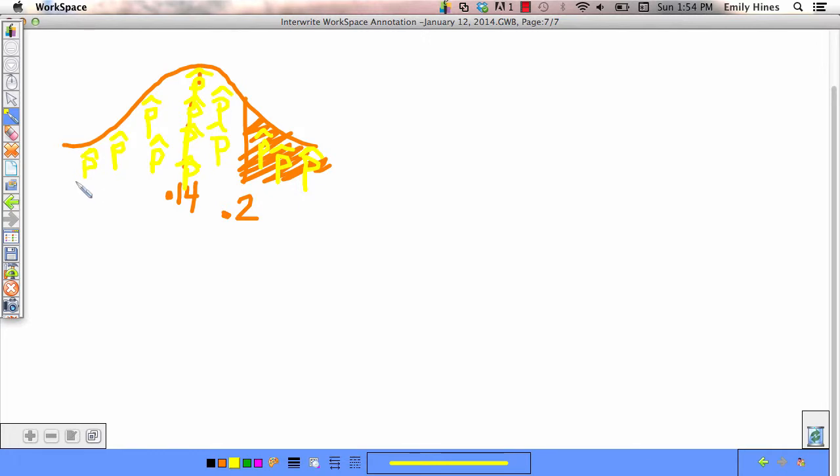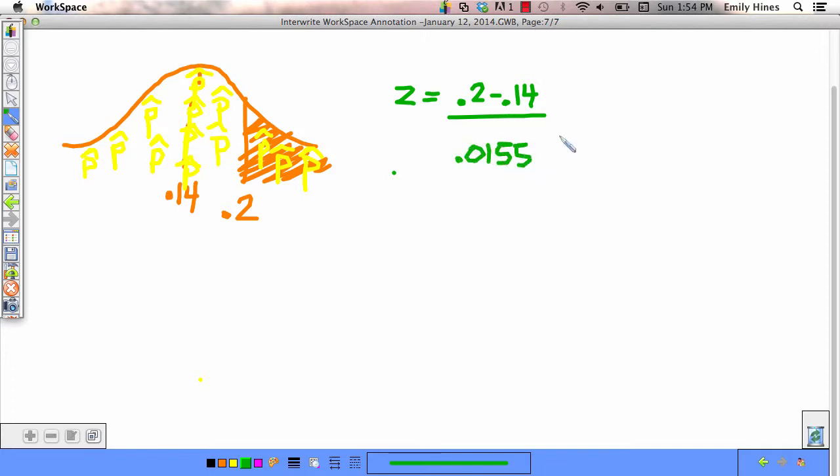So what's the probability that I'm going to get one that fits that description? So I find a z-score, because that's going to help me out. Z is equal to 0.2 minus 0.14 over 0.0155.